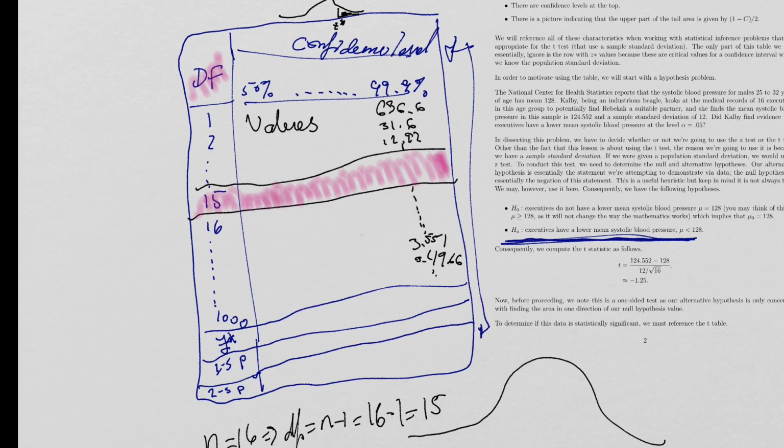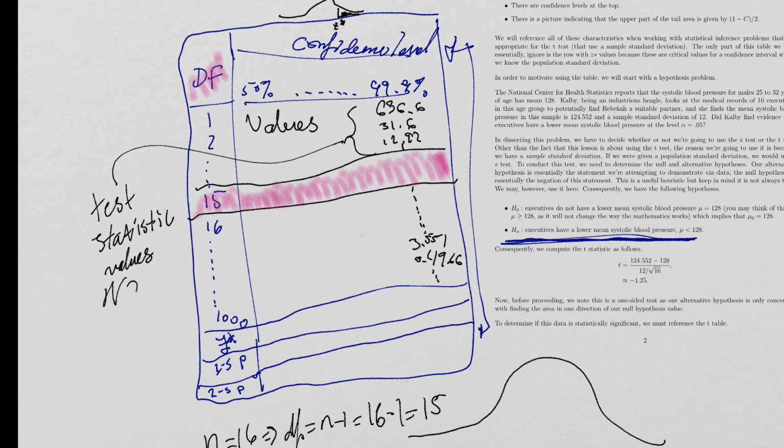3.4966. You'll see other values, okay? And these are all test statistic values, not probabilities.